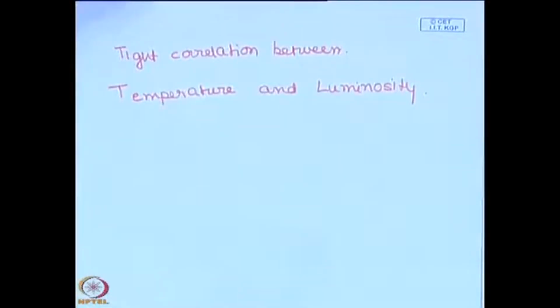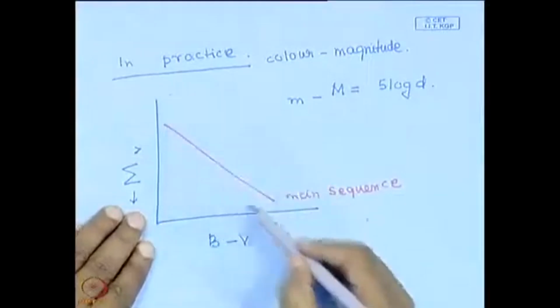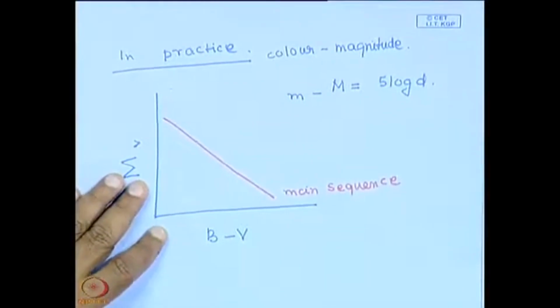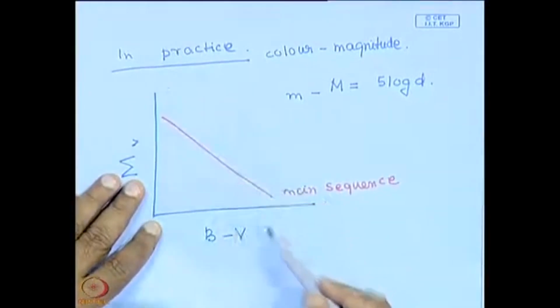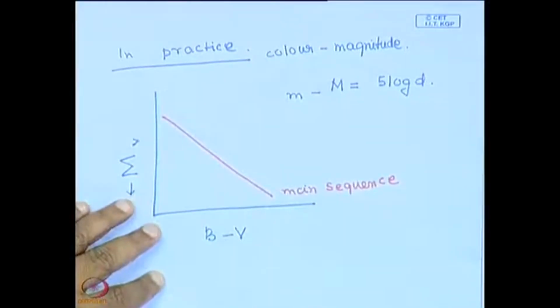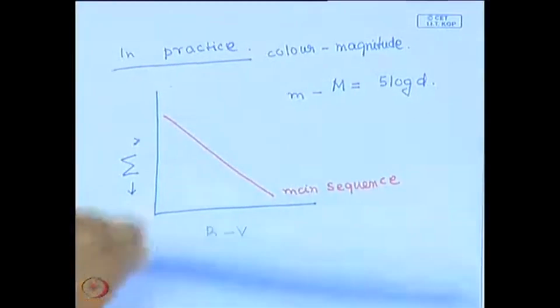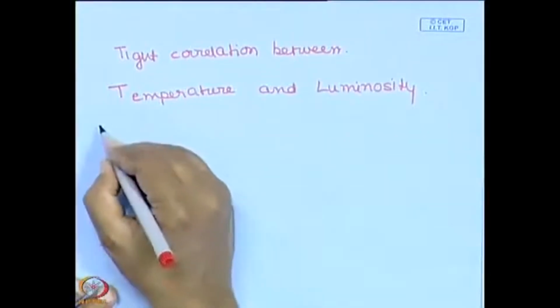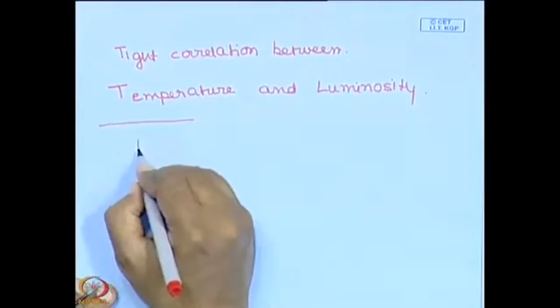The bulk of the stars turned out to lie on a band like this. There were stars elsewhere also, but this was a very dominant feature, and this was called the main sequence. It was later realized that these are the stars which are burning hydrogen.